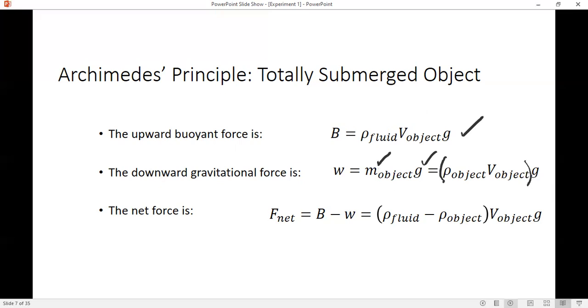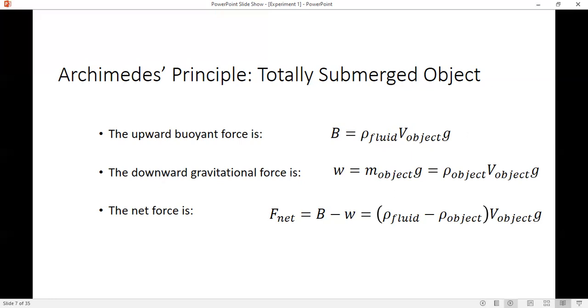We take the density times the volume, we multiply that times the acceleration of gravity, and we get the weight. Be careful here because notice one is the density of the object, that is the weight, and the other one is the density of the fluid, that is the buoyant force. Buoyant force, weight of the fluid displaced, weight of the object which is submerged.